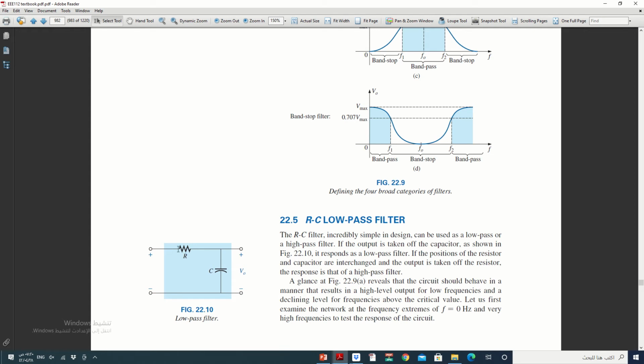If we place a resistor on this side and a capacitor on this side, it is called a low pass filter. If we interchange the resistor and capacitor, it is called an RC high pass filter, which is the next section.